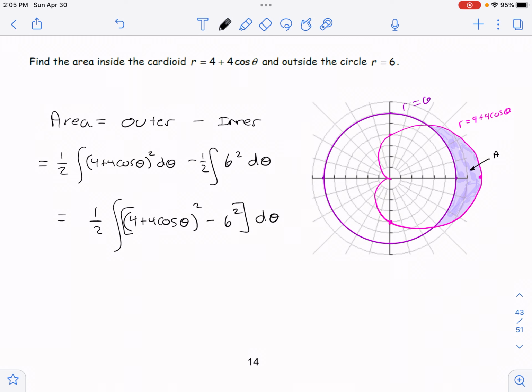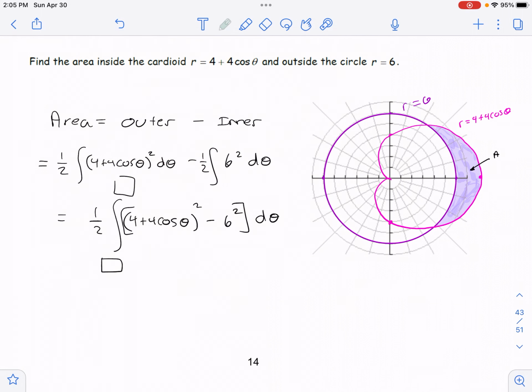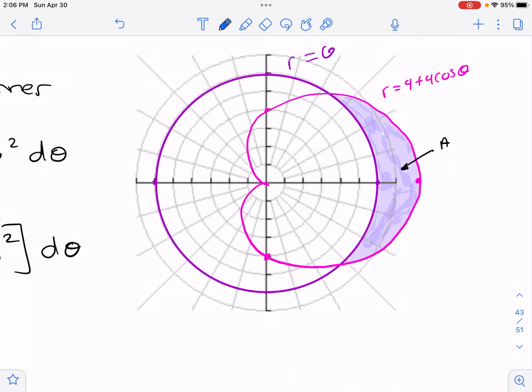So what we really want to know is the limits of integration. That's what's going to make this problem take more time than just a few seconds. If you look at this graph here, what we are interested in are these angles here.